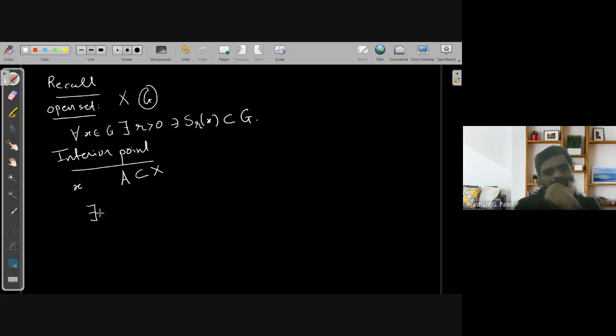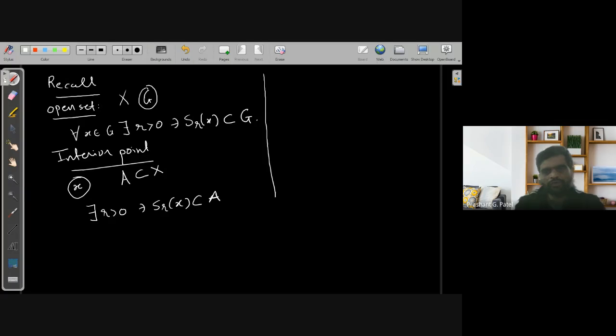That means there exists r greater than 0 such that S_r(x) is a subset of A. If there exists some neighborhood of that point which is entirely inside the set A, then this x is called the interior point of the set A.